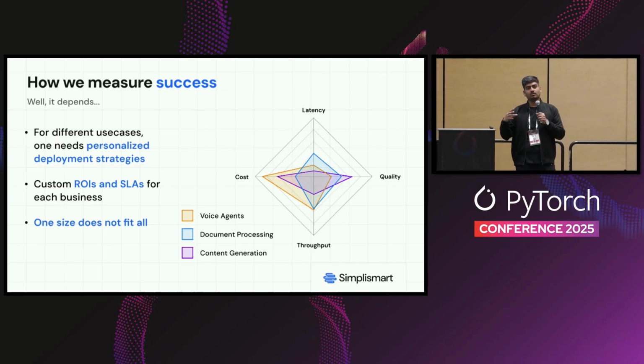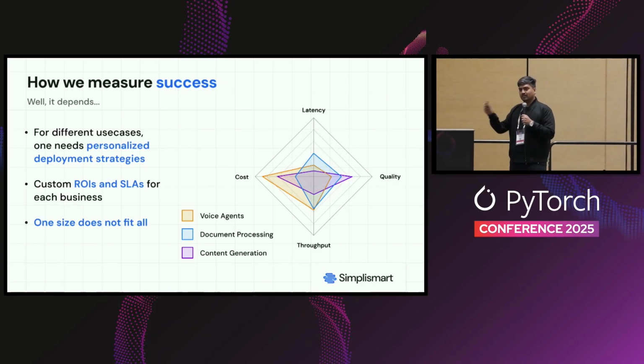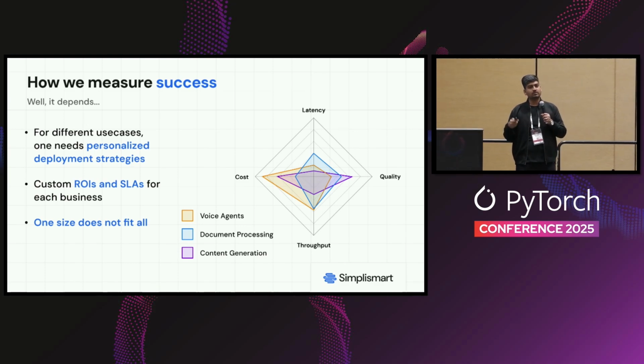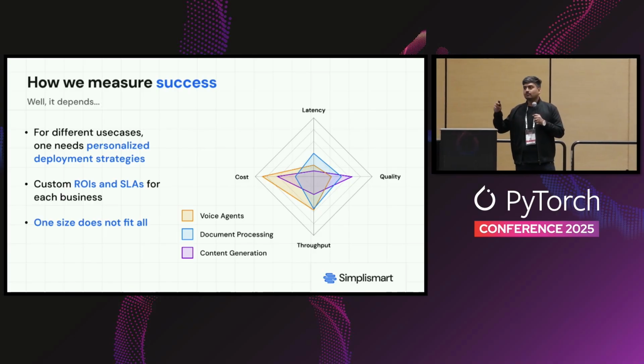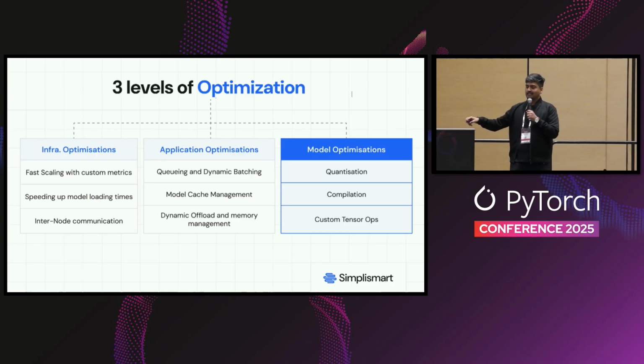You can care about one or more of these things, and you may have SLAs for one or more of these things, right? So we'll, of course, dive deeper into some production case studies which explore these problems using some optimization techniques, right? But in order to optimize these, we of course think about inference optimization in 3 layers.